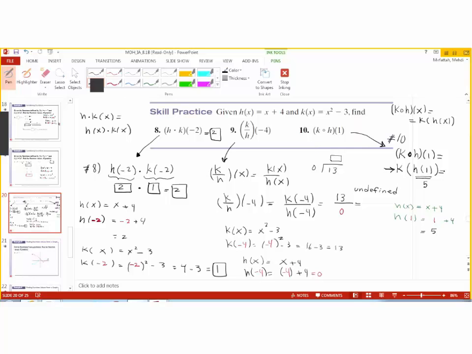And so then you really want to find what K of 5 is, right? So how do you find K of 5? First you find K of X, which is X squared minus 3.